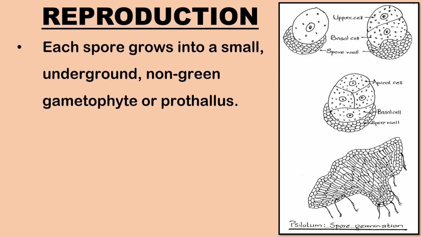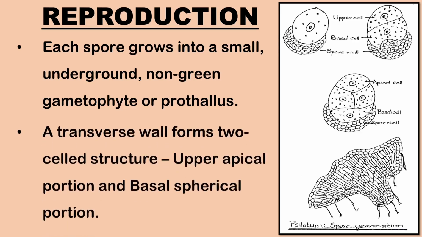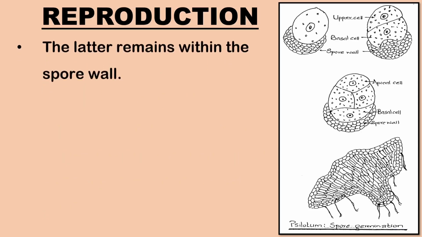Each spore grows into a small, underground, non-green gametophyte or prothallus. A transverse wall is formed and the whole structure becomes two-celled, giving rise to the upper apical portion and the basal spherical portion. The latter still remains within the spore wall.